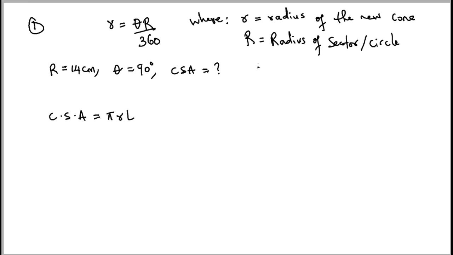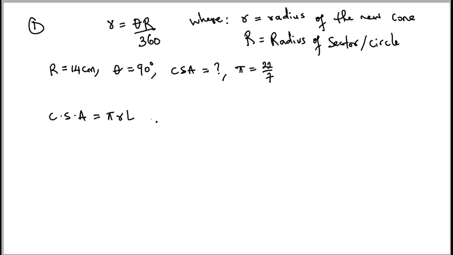Pi is given to us in the question. We are asked to take pi as 22/7. So we know pi, but we don't know our small r, the radius of the new cone. And how about our slant height? L here means slant height.